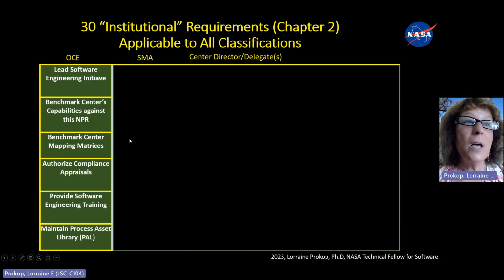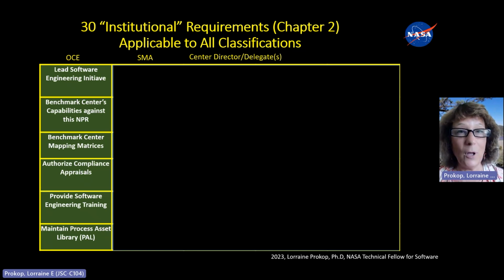First, I'm going to start with the Office of Chief Engineer, which is where I belong to, and it says what my office should do, and that is to lead the software engineering initiative, to benchmark each center's capability against this NPR, to benchmark the mapping matrices of each center against the NPR, to authorize compliance appraisals, to provide training, and to maintain a process asset library, which I'm going to give the link to at the end of this.